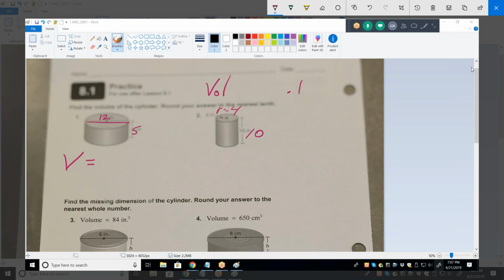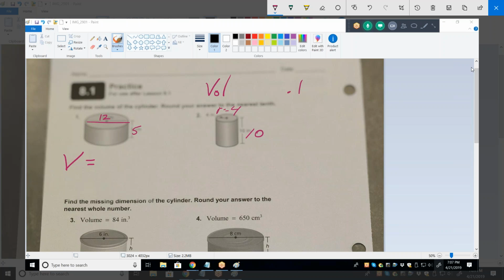This is a cylinder. So what you want to think of is what's the area of a circle? What's the area of a circle? Height. I'm sorry, what? Radius times height. No. What's the area?